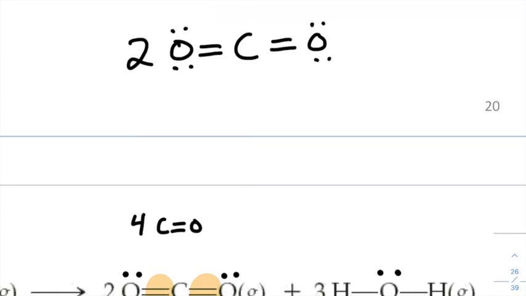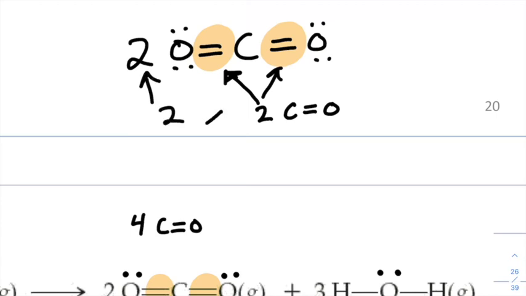First of all, I'm going to look inside the molecule, and I see 2 bonds that connect carbon and oxygen. So here I'm saying 2 C double bond oxygen chemical bonds, but then there was another 2 right over here. So this is 2 times 2 carbon oxygen double bonds for a grand total of 4.